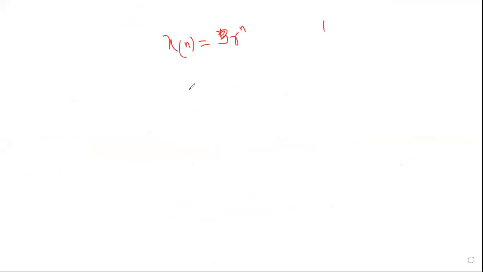Let us say I have an expression x of n equal to something like 3 into 0.5 to the power n. Let us take 3 cases. This is the first expression, x of n.